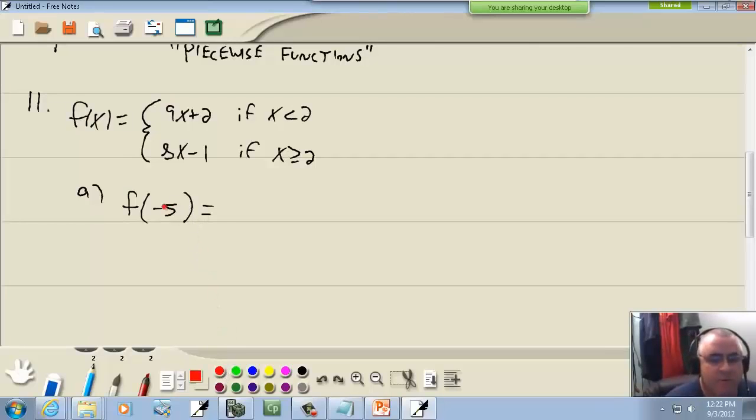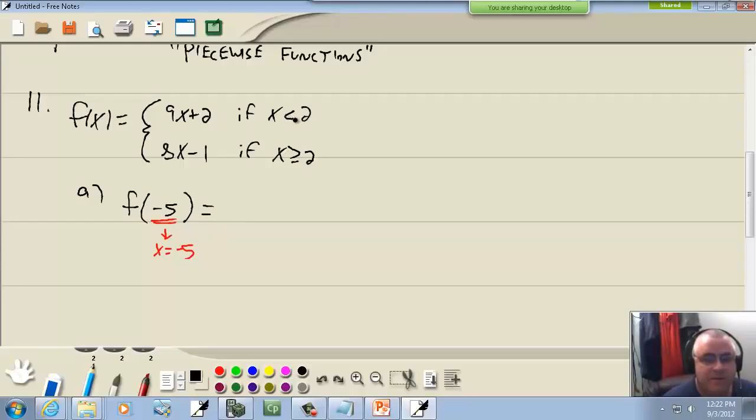Now remember from before, whatever number's inside the parentheses here is your x. So they're basically telling you x is equal to negative 5. Now our piecewise function up here says, this is how it's written, 9x plus 2, it looks like that when x is less than 2. Now it looks like 8x minus 1 when x is greater than or equal to 2. Well, if I come down here, I got negative 5.